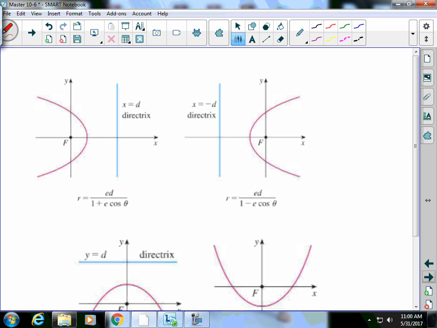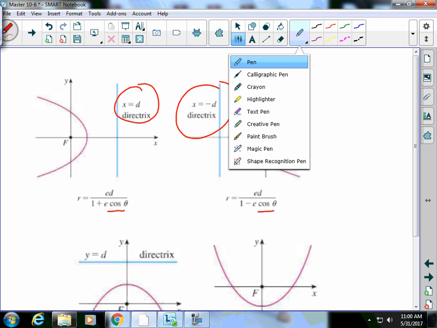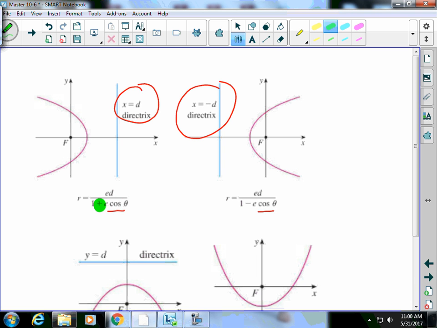If I have these situations, what I want you to realize is that with cosine theta, the directrix is in terms of x on both of these. What's more interesting, that's plus, that's a positive directrix. That's a minus directrix. x and cosine, they work together.